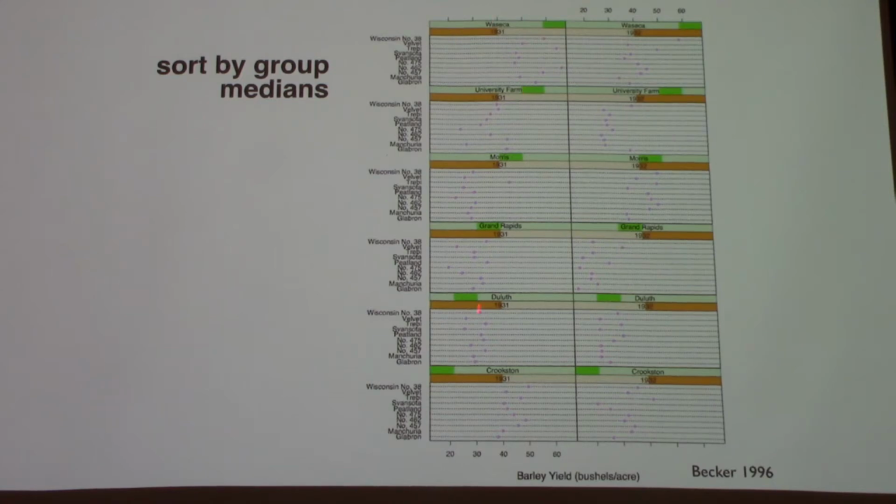Here we have 1931, we have 1932, we have areas, Boisseca, University Farm, Morris, and then we have types of grain, or barley in this case. And this is in bushels per acre. So this was divided, and it shows you this as these dot plots. Here again we have split up the data, and this is sorted by group median. So you can see that the highest are on top here.